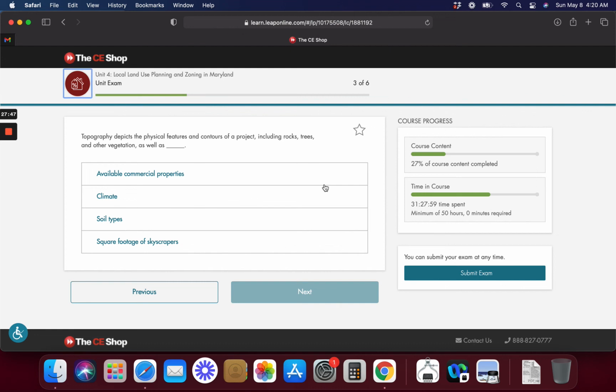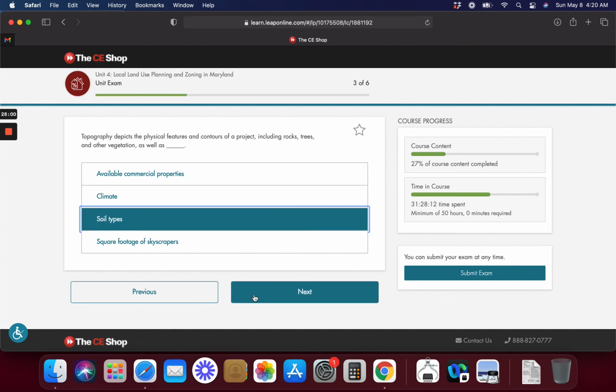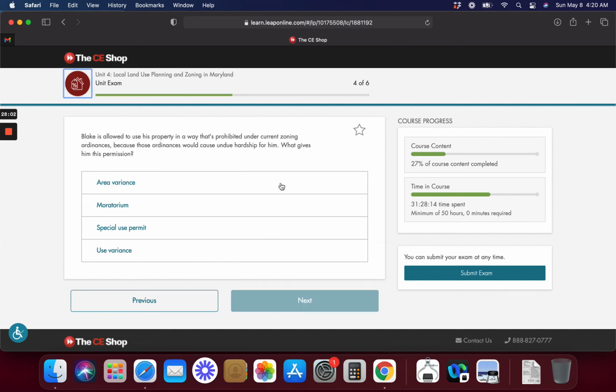Just think of it as death. It's halted. A topography depicts the physical features, vegetation, rocks, trees, as well as soil types. Blake is allowed to use his property in a way that's prohibited under current zoning ordinances.